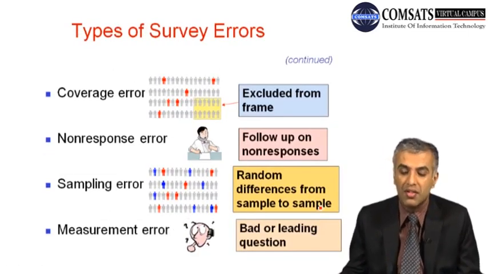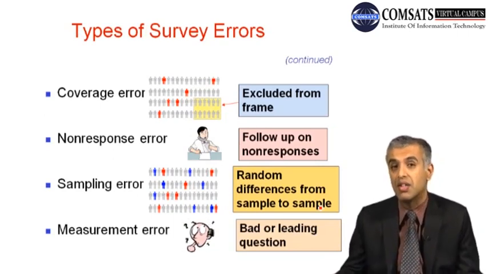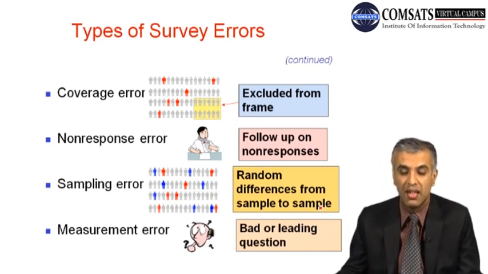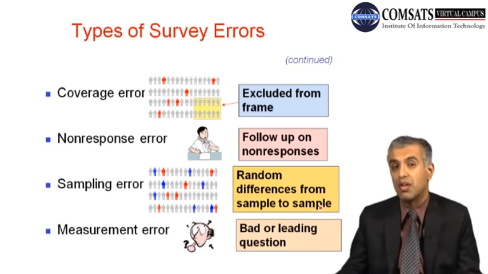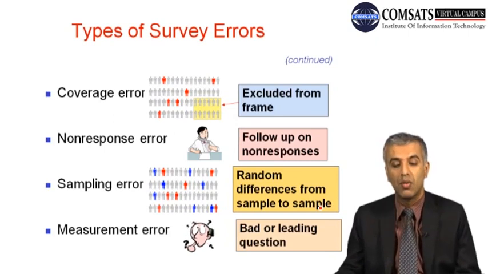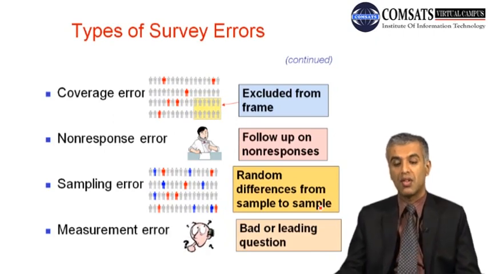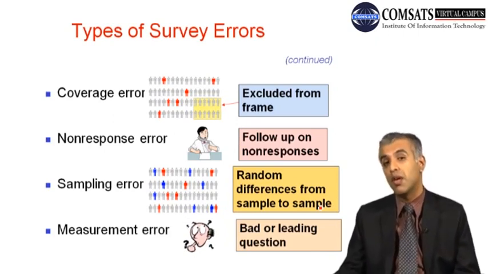So we just have a visual display of the kind of errors which are of primary importance while evaluating the survey. And in this case you can see that in coverage error there's a chance that important respondents can be excluded from survey.